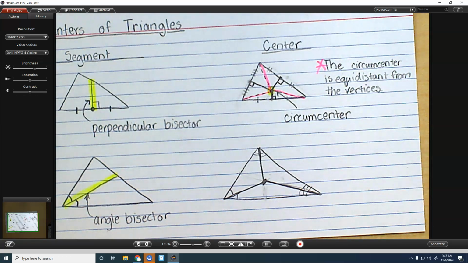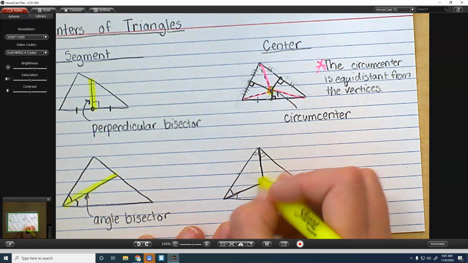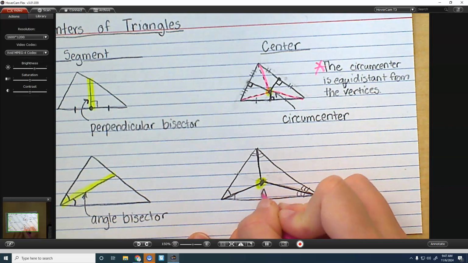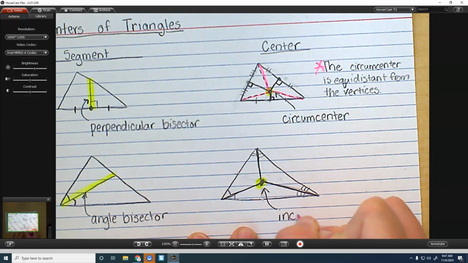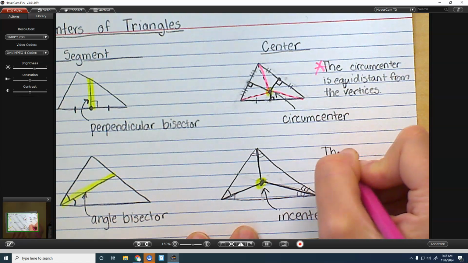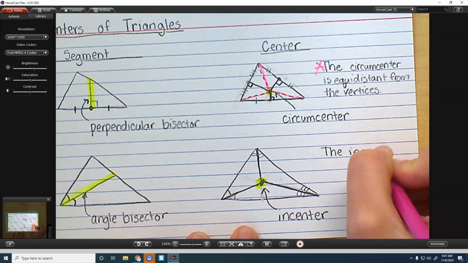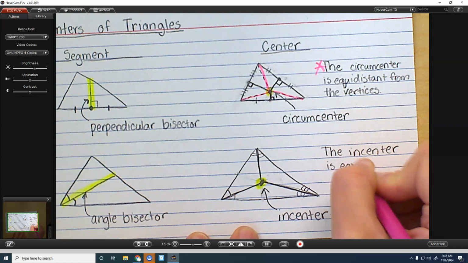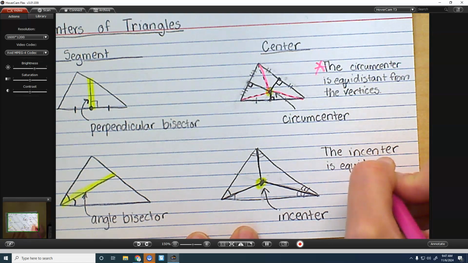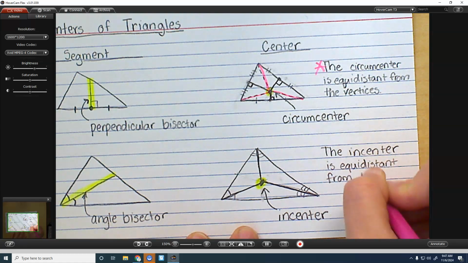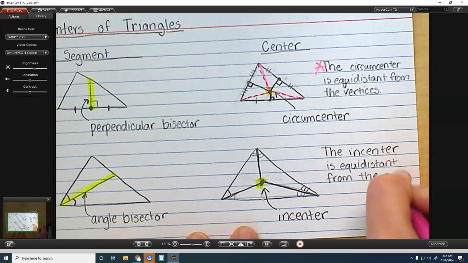So this middle point right there would be our incenter. And I'm going to put here the incenter is equidistant from the sides.